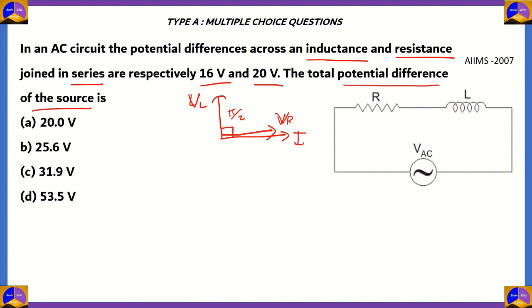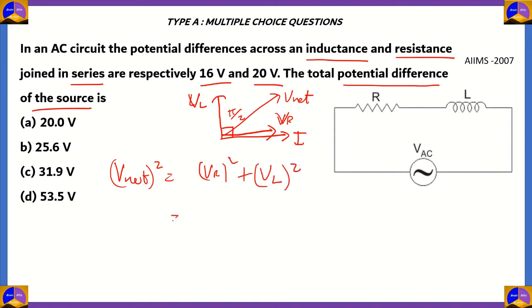So again, we need to find the total potential difference of the source. So the resultant vector is what we need to find, V net. Again, we use the same formula here. V net the whole square is equal to VR the whole square plus VL the whole square.